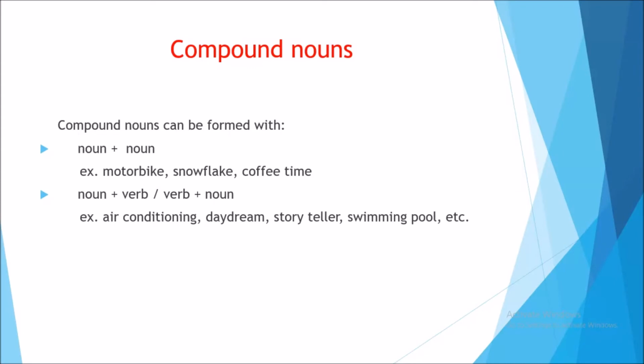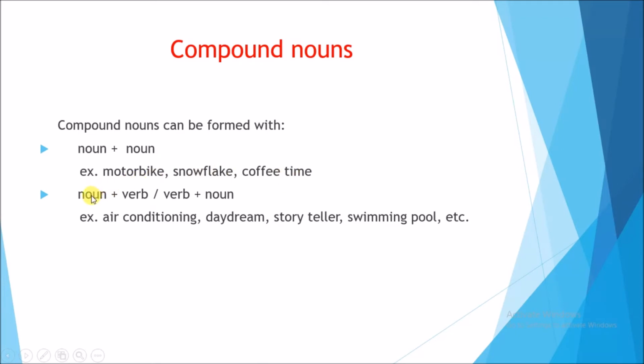Compound nouns. Compound nouns can be formed with noun plus noun, and we have the example motorbike, like motor and bike. Snowflake, like snow plus flake. Coffee time.